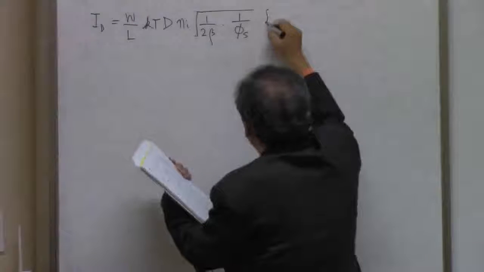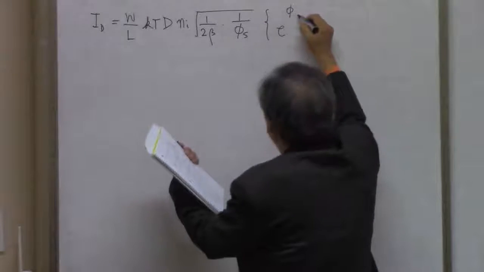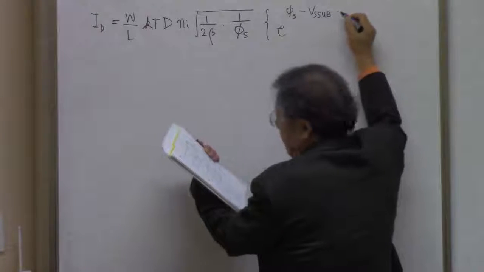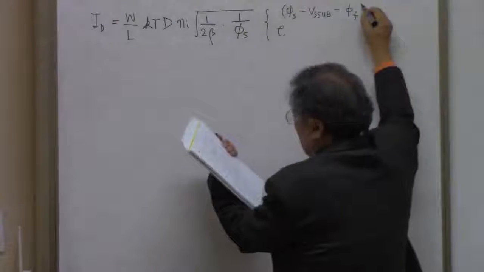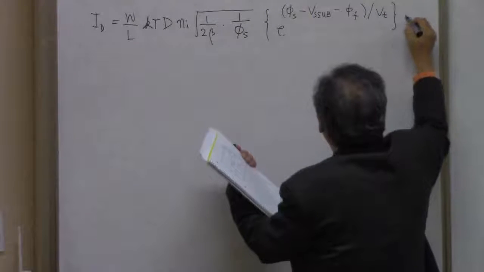And we have an exponential term, e to the phi s minus phi f, over phi t, the thermal voltage.